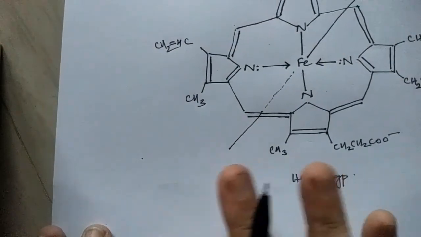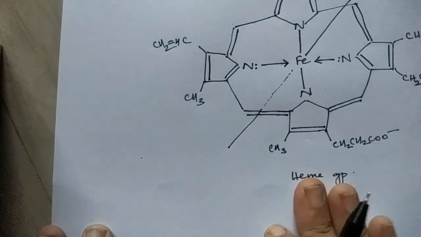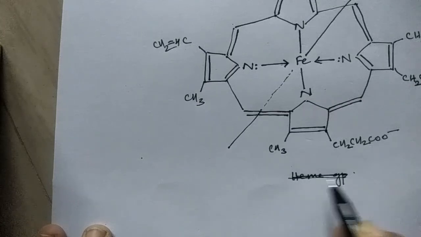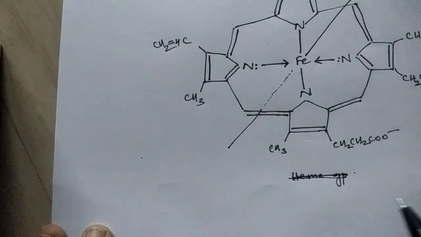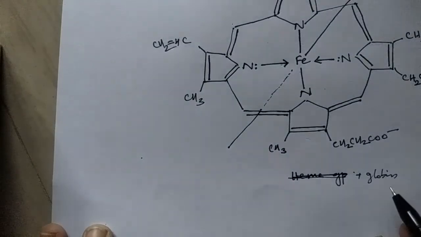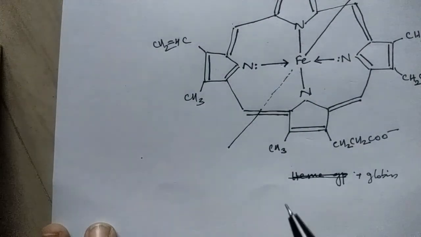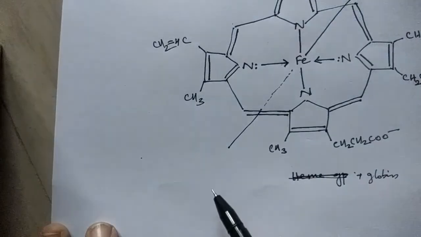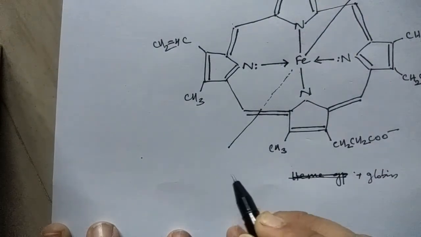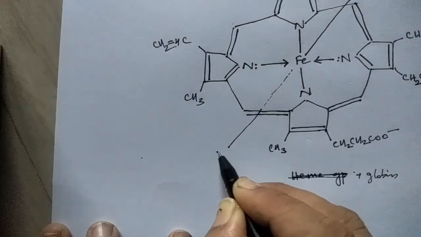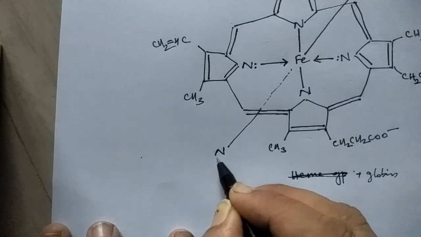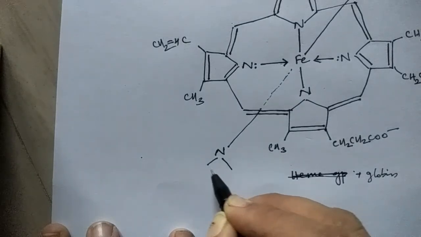Now this is the earlier drawn structure of heme. Now we are going to draw the structure of hemoglobin. Hemoglobin means you will be having a heme plus globin part. Okay, heme part and globin part. In that case the 6th valency will be satisfied towards the nitrogen which comes as a part of histidine.